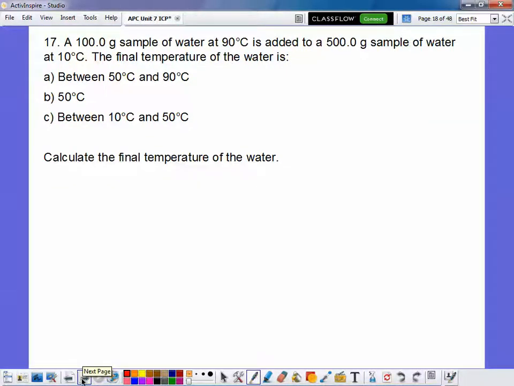So this one, at first glance, it's like the exact same problem, but different masses. So in this one, we still have the same substances. So same specific heat, but this time we have different masses.